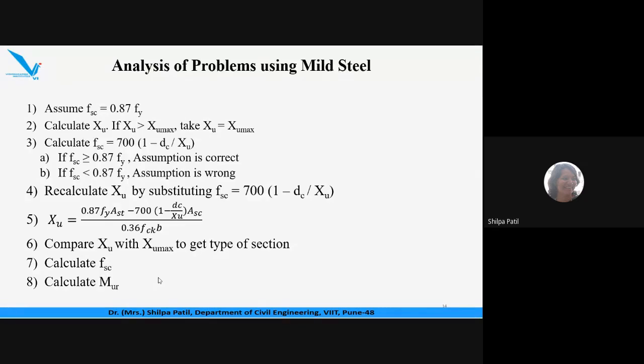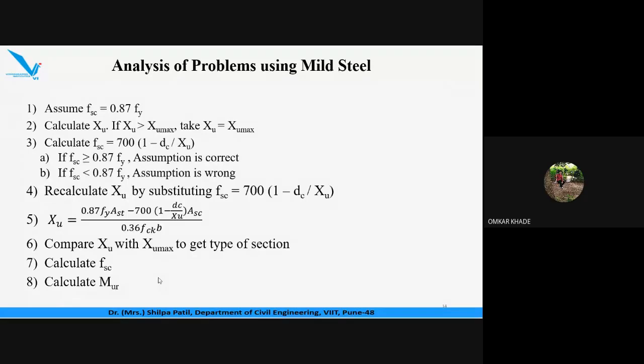In case of HYSD, that method becomes iterative. We have to iterate it 2 times, 3 times, 4 times, till we get a constant value of FSC. So the process of finding MUR or even XU is a little bit tedious when we use HYSD steel for doubly reinforced section. Is it clear, these steps?